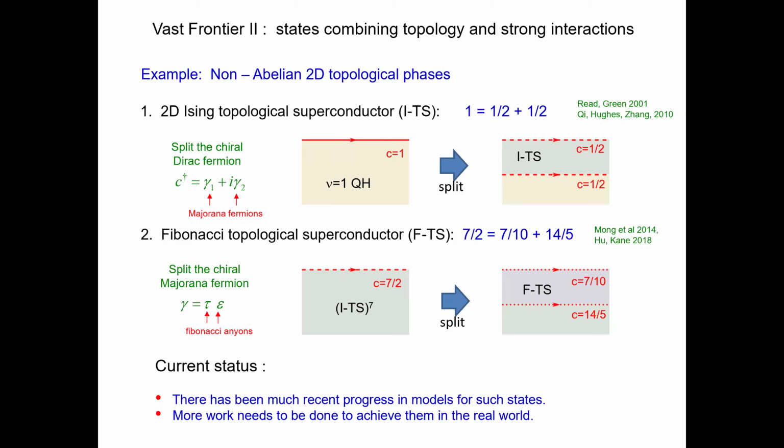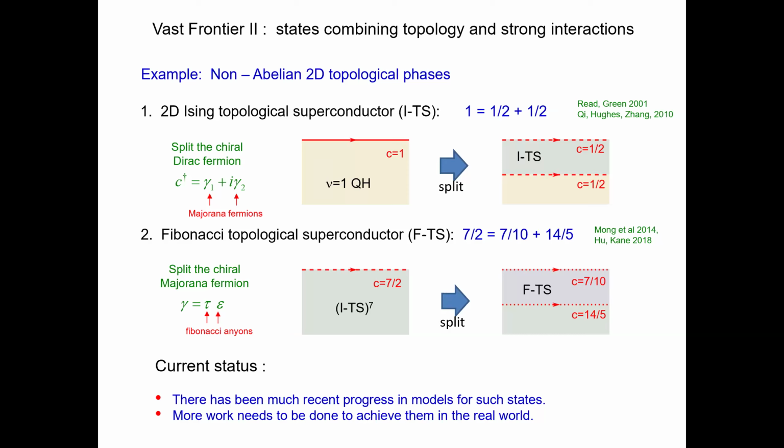These are rather interesting conformal field theories, and there's a sense in which 7 chiral Majorana fermions factorizes into a product of these two conformal field theories. And what that means is that a Majorana fermion incident in here can split into a pair of Fibonacci anyons.